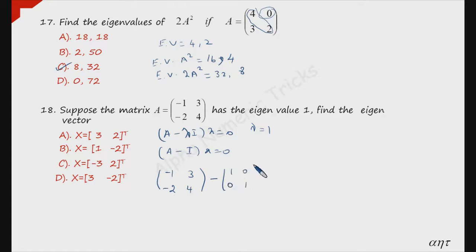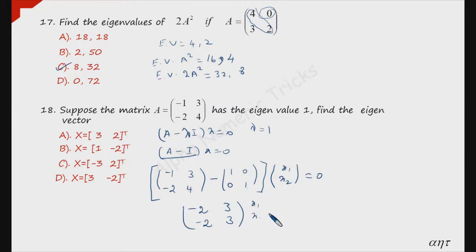A minus I is this, into x, which is [x1, x2], is equal to 0. Each element is subtracted: minus 1 minus 1 is minus 2, 3 minus 0 is 3, minus 2 minus 0 is minus 2, and 4 minus 1 is 3. So this matrix into [x1, x2] is equal to 0.